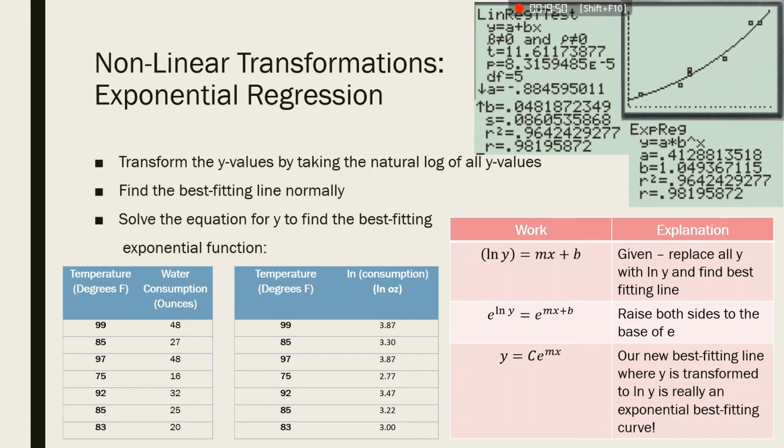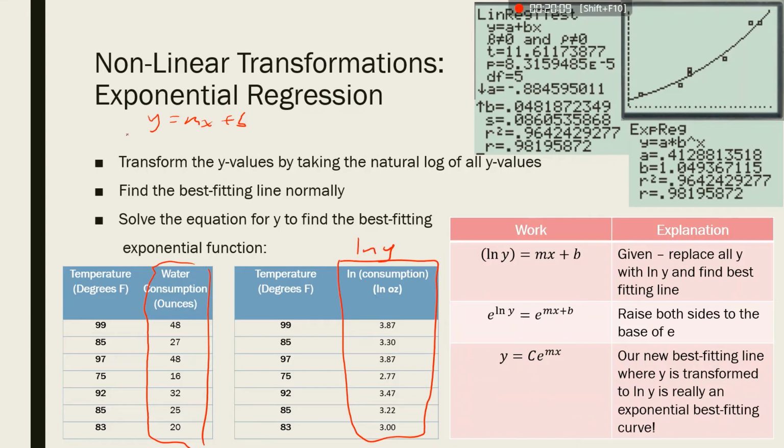What I could do is take the natural log of all of my y values. So instead of y equals mx plus b, I'm going to take all of our water consumptions and take the natural log of them first before we start graphing. So that means my y value is really the natural log of y. So when you get your equation, this now represents the natural log of y, not just y.